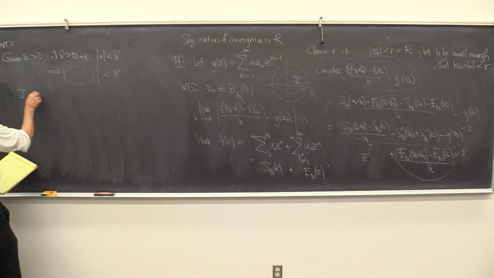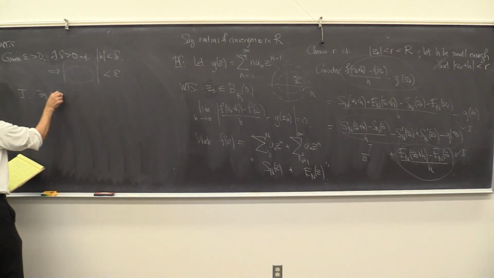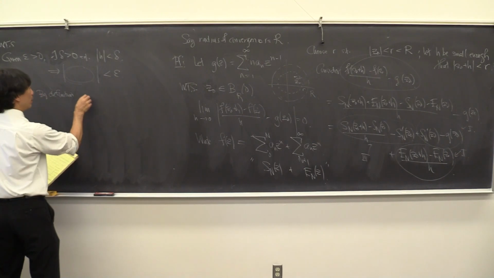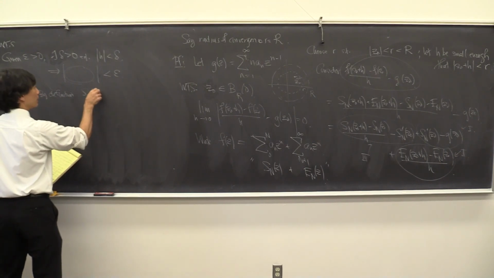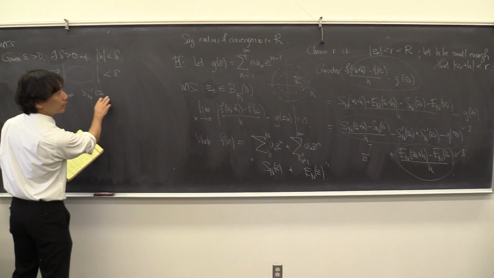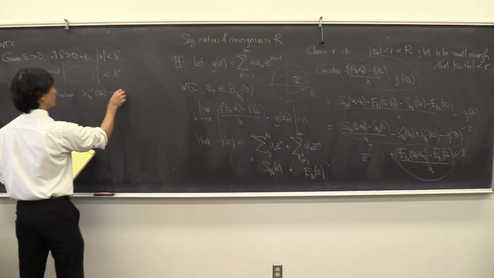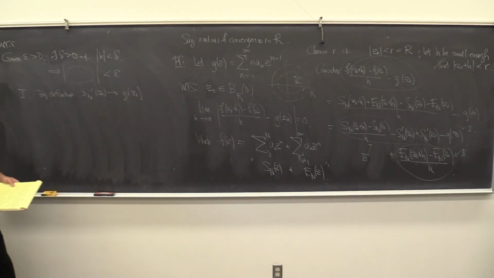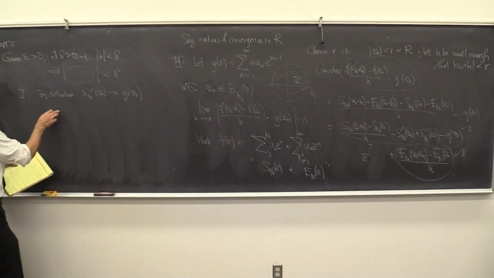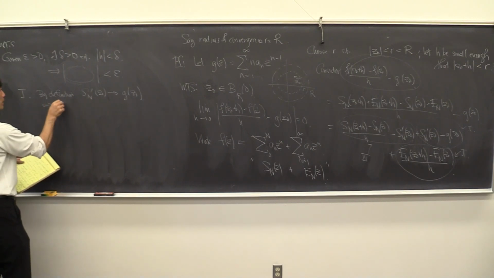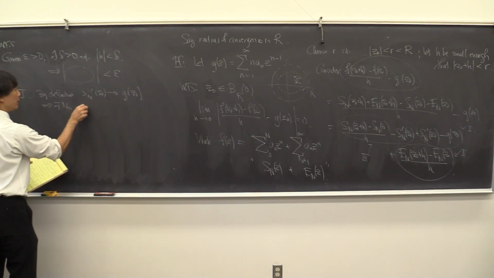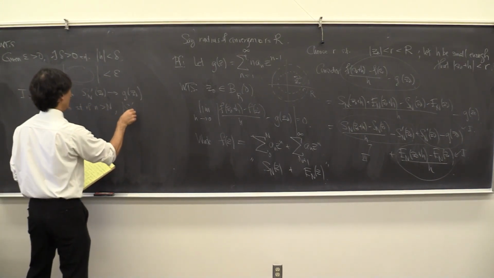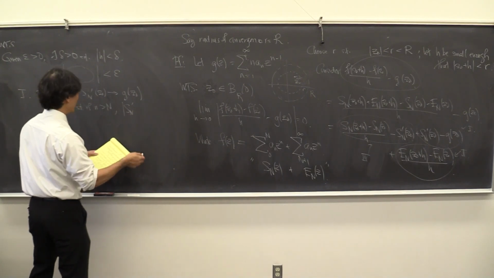By the definition of a series, S n prime converges to g, so there exists some n naught such that if n is bigger than n naught, then the distance is smaller than epsilon over 3.